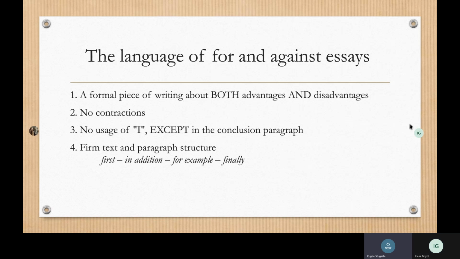About this, Inessa will tell you later. And then you have to have a firm text and paragraph structure, and keep in mind that you have to make your essay flow with information.